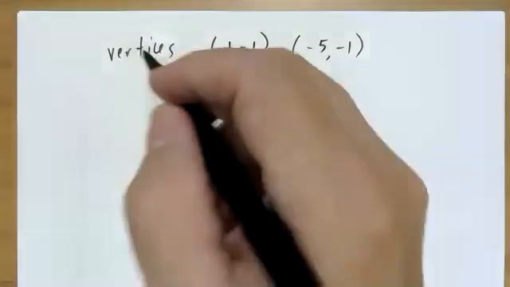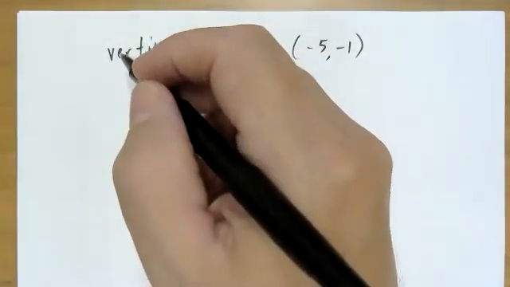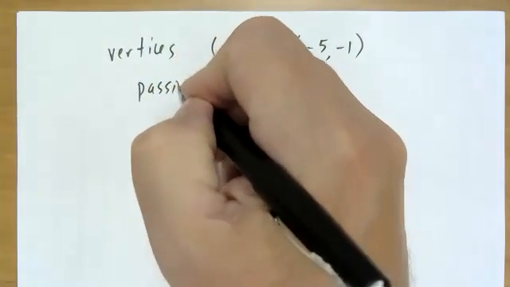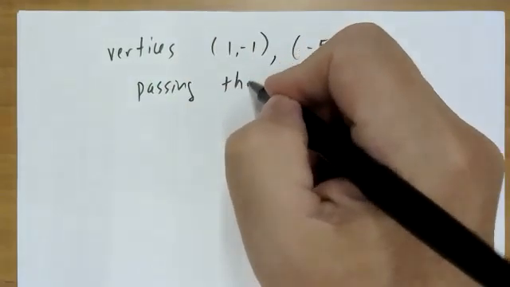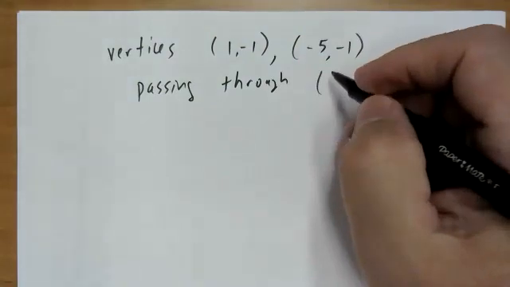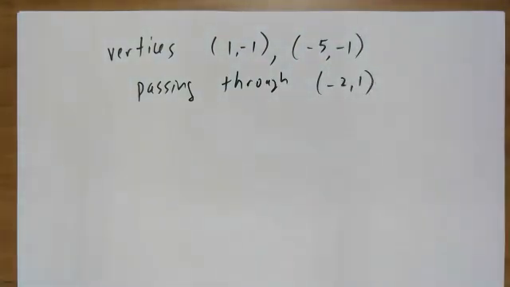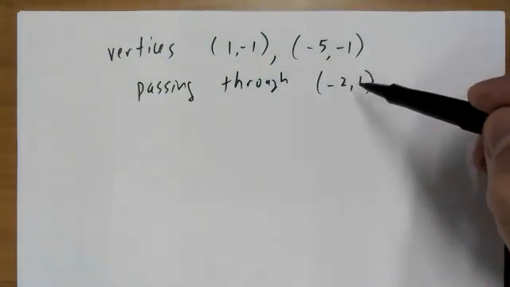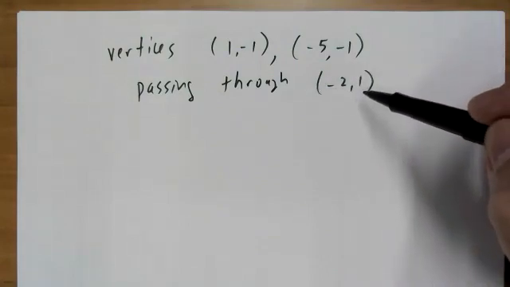And then here's what they say in the homework, so I'll use the same phrasing. They say this ellipse passes through another point, -2, 1. When they say passing through this point, they're basically saying this is a point on your ellipse.